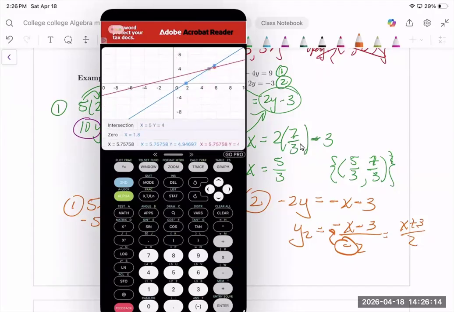Enter. So it says my intersection is there. Did I press enter too many times? That says 5, comma 4. This says 5, 4.